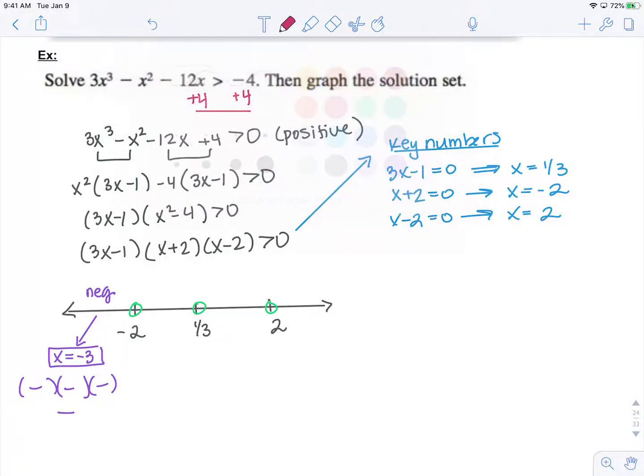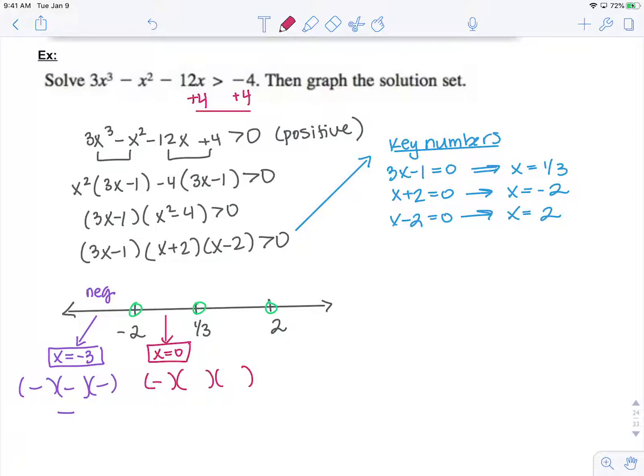So now, in this interval, I will choose x equals 0. You can choose whatever number you like between negative 2 and 1/3. So once again, I'm plugging 0 into those three factors. If I plug 0 into the first factor, I get 0 minus 1, which is a negative.